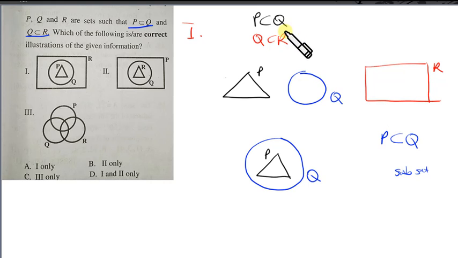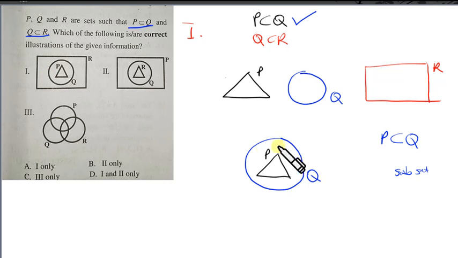So if we are being told here that P is a subset of Q, that is Q is a superset of P, or P is a set that is in the set Q. Of course this makes sense, because the set P, which is a triangle, is found wholly within the blue circle that is Q. So this makes this statement true. Okay, let us go on.